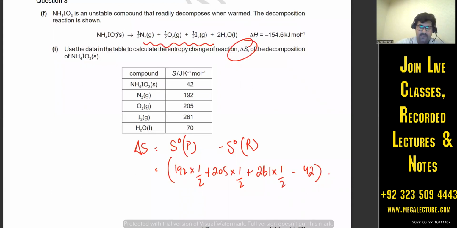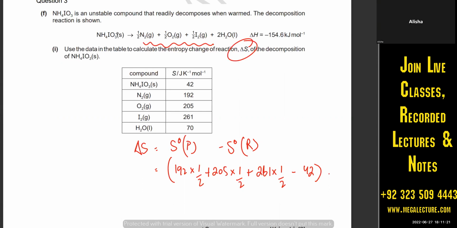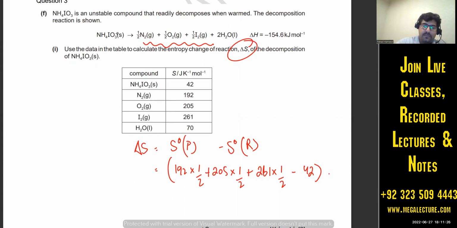Got it, Khan. So what are you getting? 287. And remember the units, joules per mole per Kelvin, or joules per Kelvin per mole, same thing.